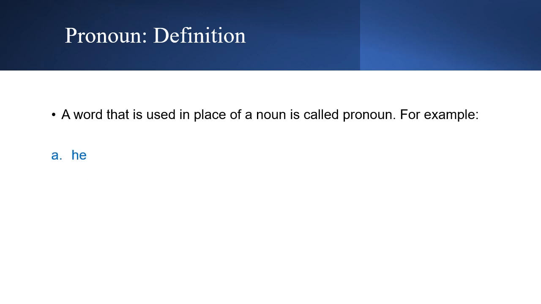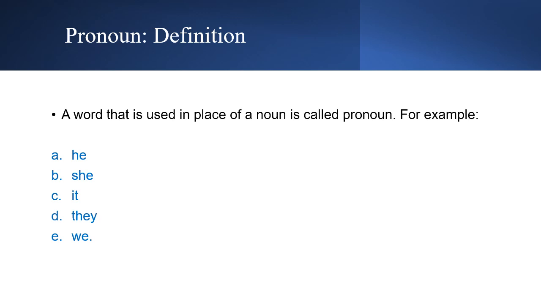For example, we have different types of pronouns: he, she, it, they, we. These are some of the pronouns. There are many obviously, but these are just to represent singulars and plurals and some genders.